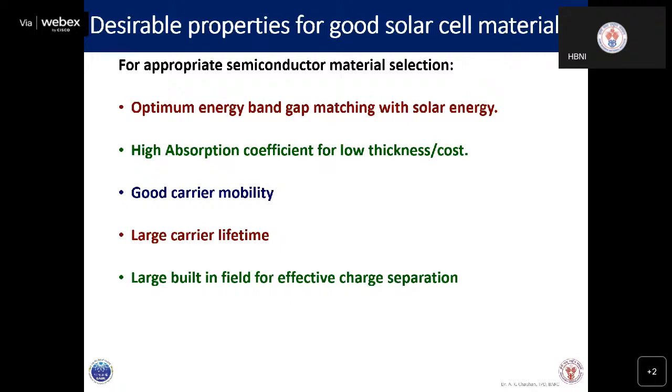Large built-in field is needed for effective charge selection. If you have more built-in potential, the electron hole pair can be separated effectively. This built-in potential depends on the Fermi level difference between N-type and P-type materials. Then there should be a large diffusion length and small surface recombination.